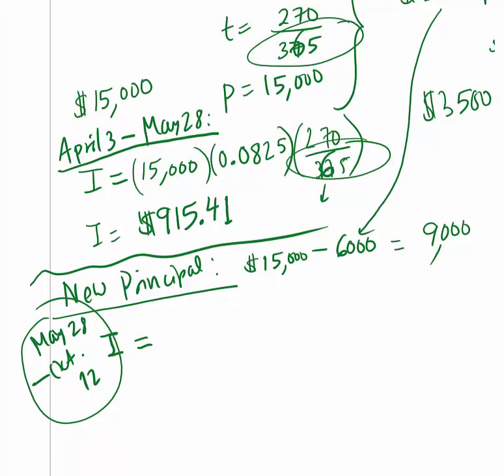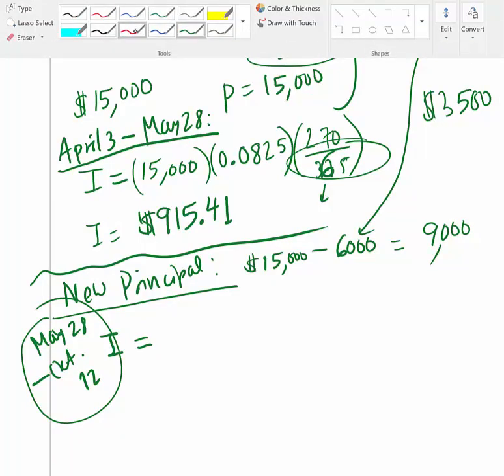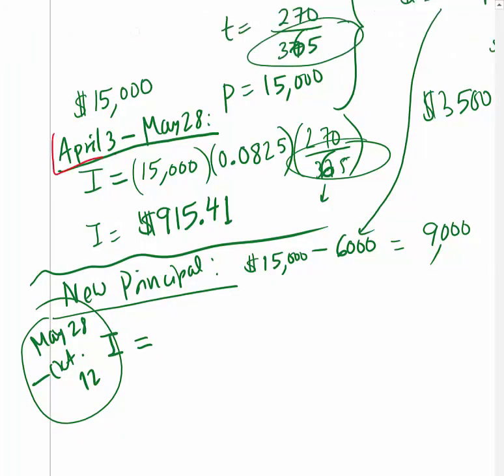The time, on the last example I did, the time period's wrong. This time period here, April 3rd to May 28th, is right, but that means the number of days here should be different, right? How many days passed from April 3rd to May 28th? Well, that's 28 days in May, plus 3 days in April.